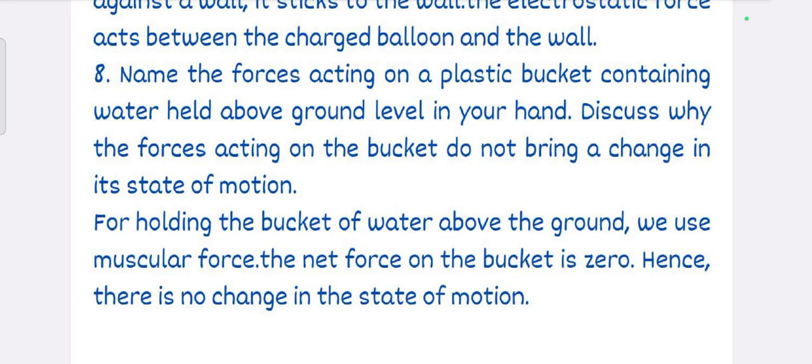Discuss why the force acting on the bucket does not bring a change in state of motion.